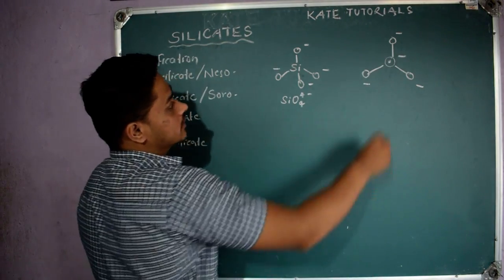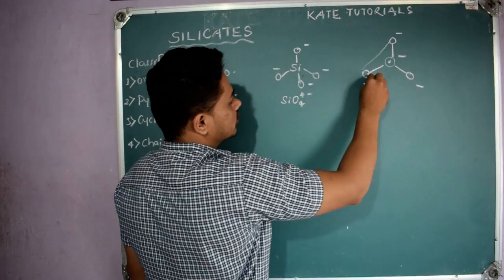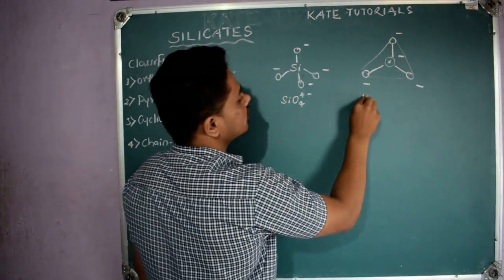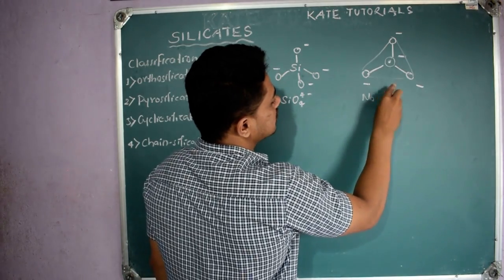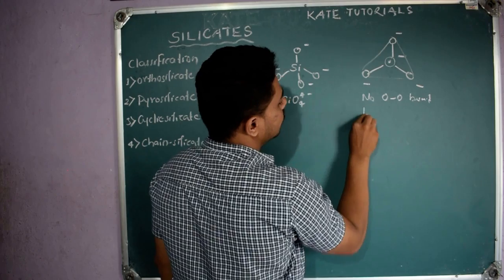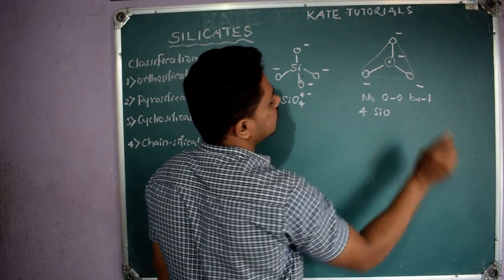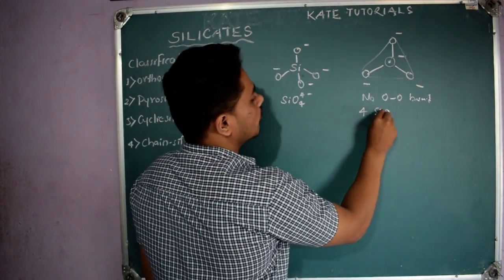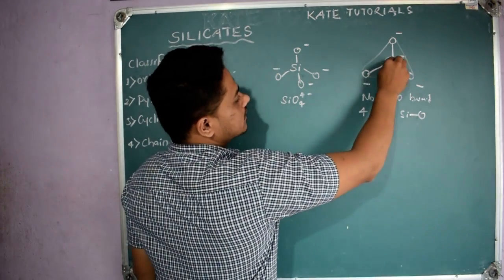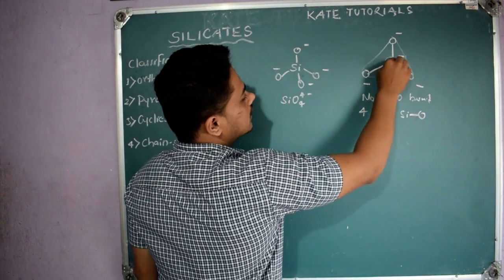They will show it like this in the textbook, but it doesn't mean there is an O-O bond, there is no oxygen bond. Only 4 Si-O bonds will be there, this silicon, this oxygen, silicon oxygen, silicon oxygen, right?